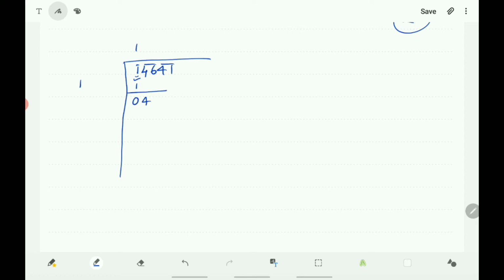Take down the next group 46, and add 1 plus 1, that is 2. Again you put some digit in front of 2: 20 into 0, 21 into 1, 22 into 2, 23 into 3, and so on. Put 0 and multiply it by 0, put 1 and multiply it by 1, put 2 and multiply it by 2, put 3 and multiply it by 3.